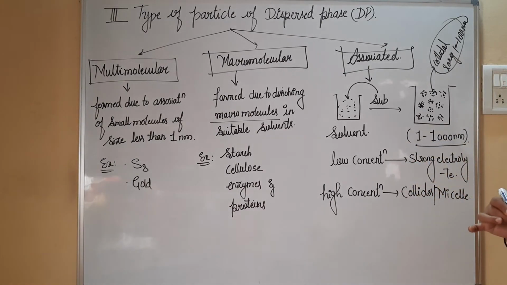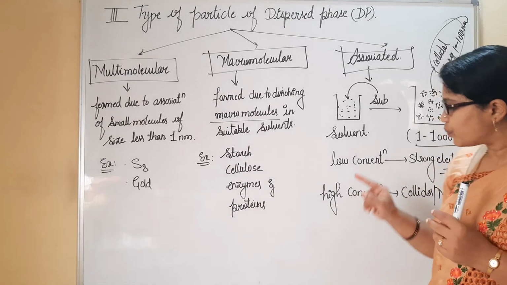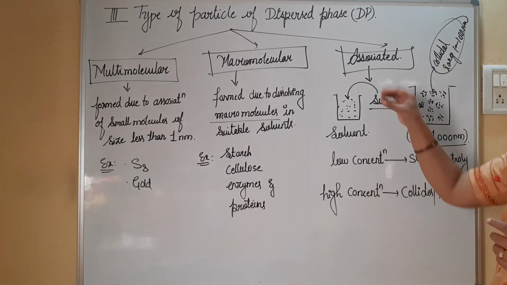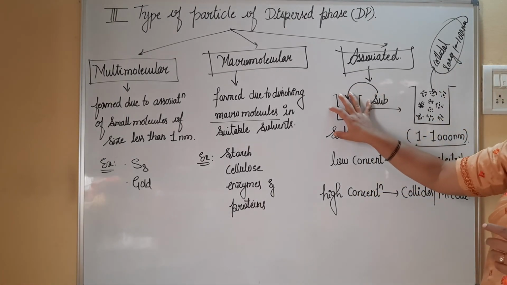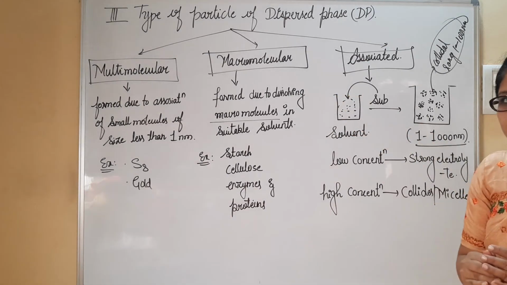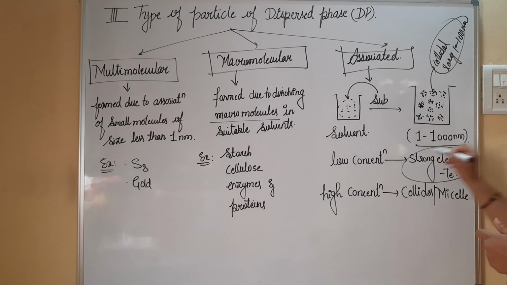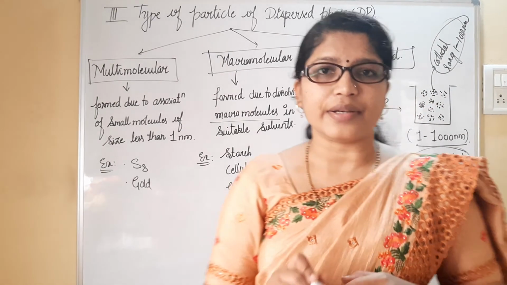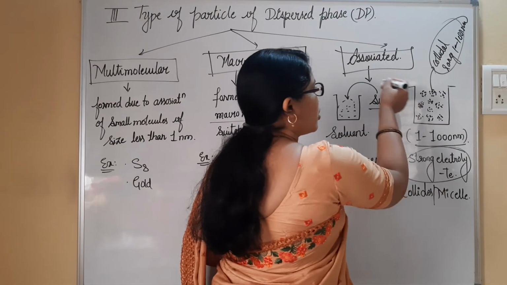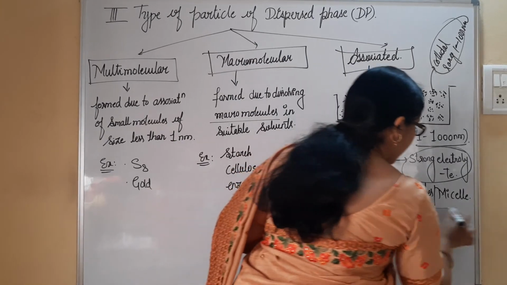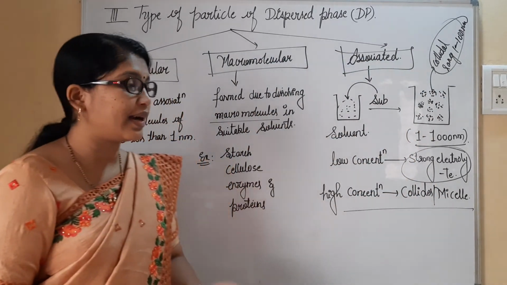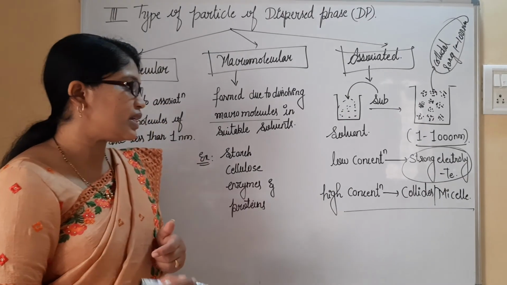So I could tell here that at low concentration, the substance is already present here, but in a lower concentration. In lower concentration, it will just act as a strong electrolyte. But after adding a suitable substance, it will act as a colloid. We also call it a micelle. I'll explain micelle in detail.